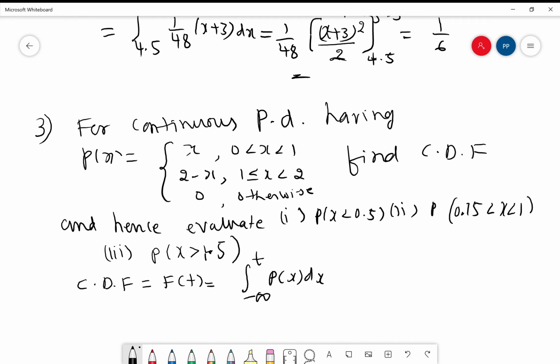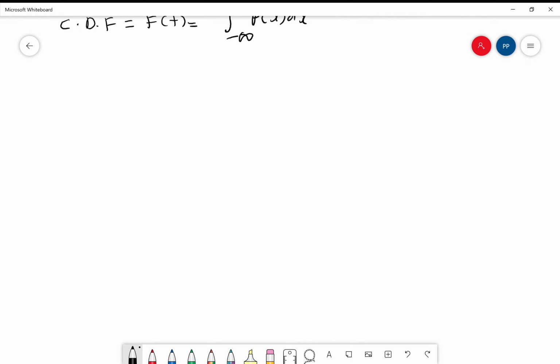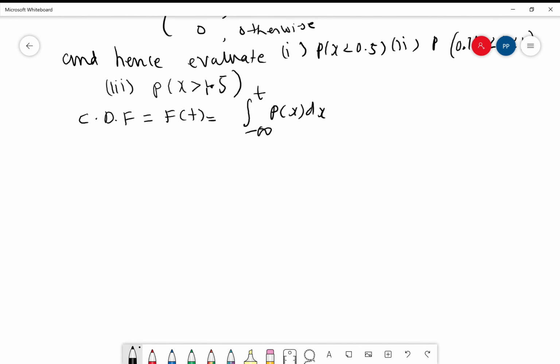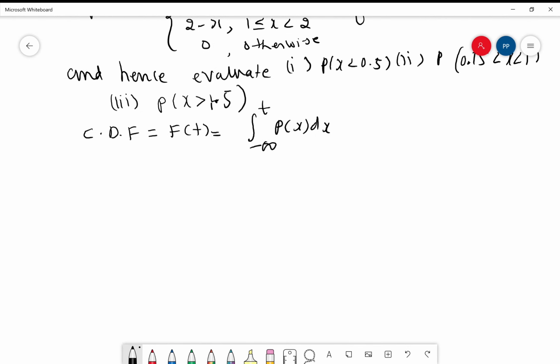But you can't substitute for this p of x directly because it is a splitting function, where function p of x is defined in different intervals. Now first let us rewrite that function p of x covering the complete real line, minus infinity to plus infinity.